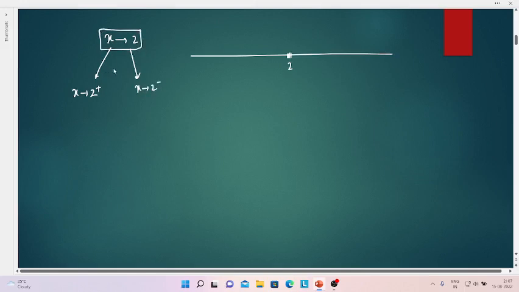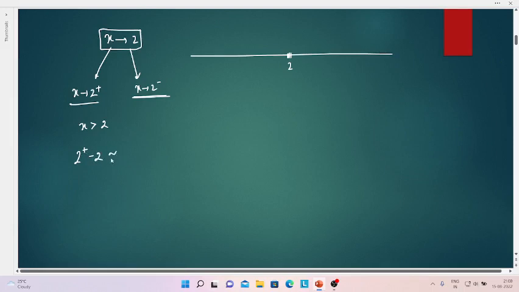x tends to 2 means there are two things: one is x tends to 2 plus, another is x tends to 2 minus. So what does x tends to 2 plus mean? It means that x is greater than 2, but the difference between these two values, x minus 2, is not very much.